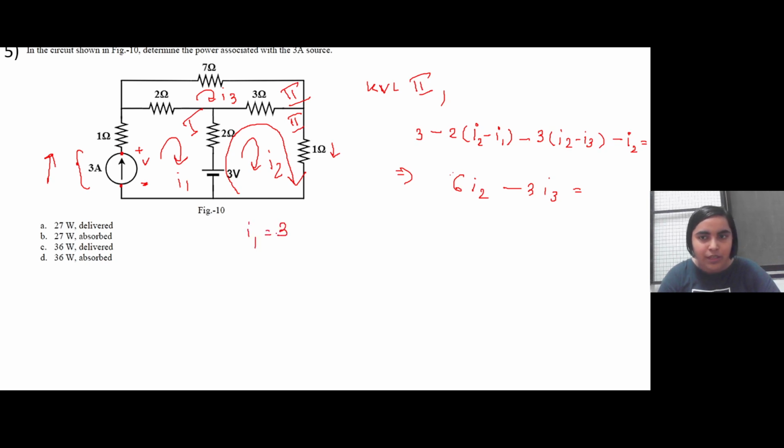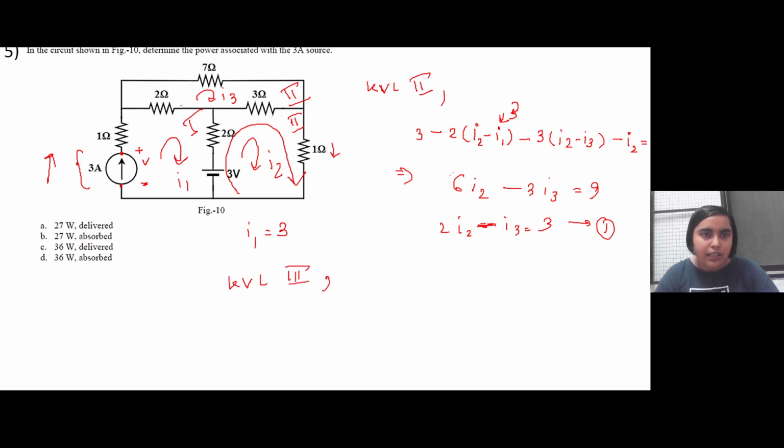So I1 will be equal to 3 ampere. So you can write 3 in place of I1. So it will be 6 plus 3, which is 9. So 2I2 minus I3 will be equal to 3. This is one of your equations. Then apply KVL in loop 3.